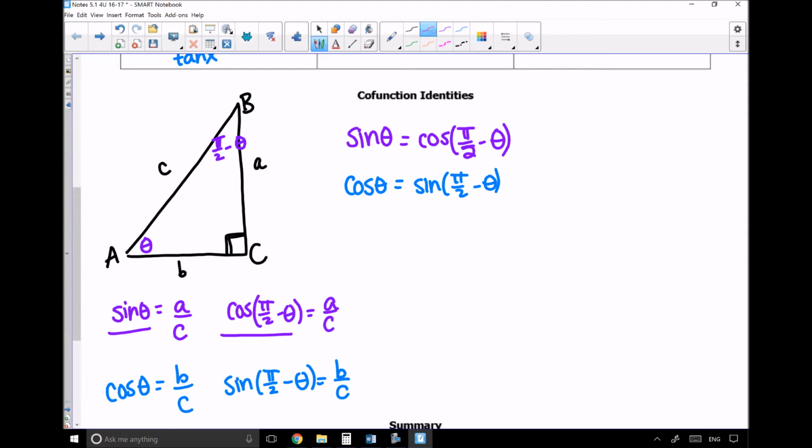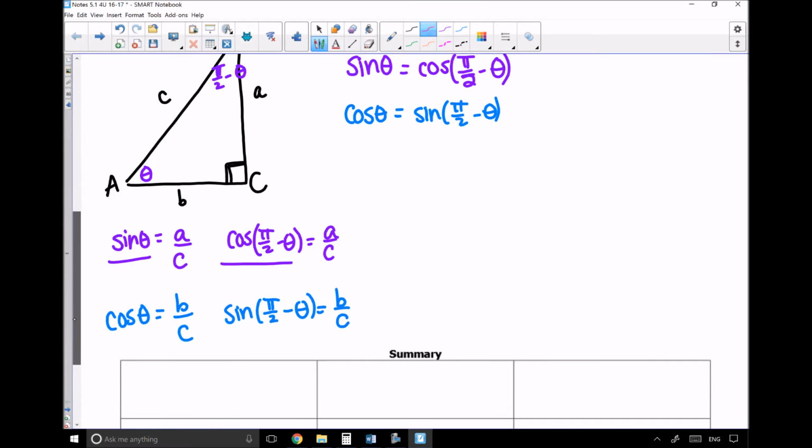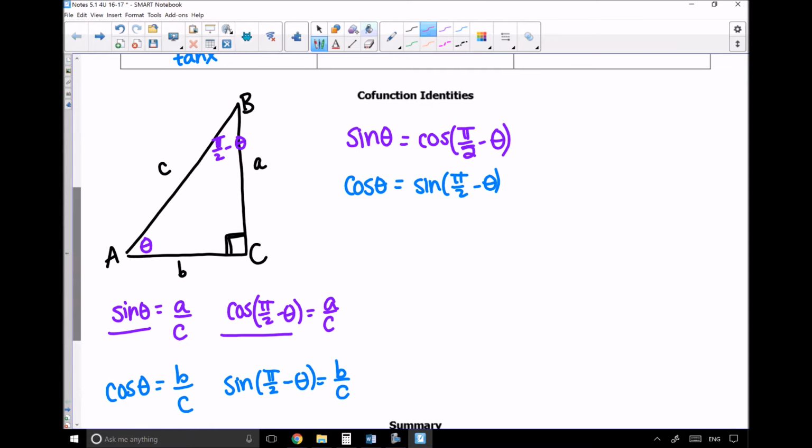Okay? All right, so now let's try another one right here. If I were to do the tangent of theta right here, the tangent is going to be opposite over adjacent, so that's going to be A over B. Well, right here, when I look at this angle up here, the cofunction of tangent is cotangent, so I can say the cotangent of pi over 2 minus theta.